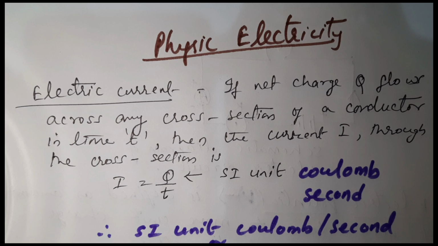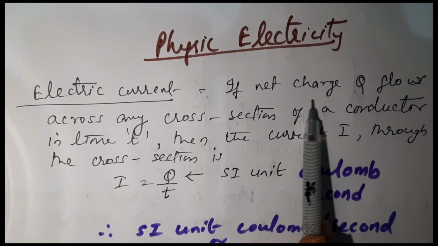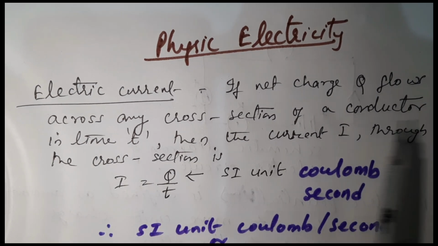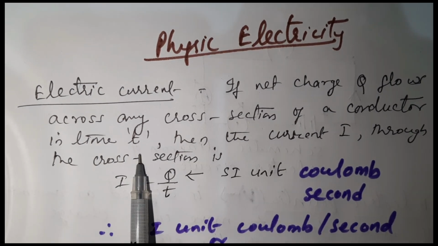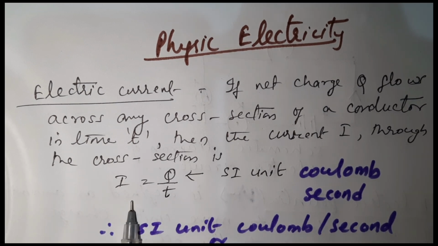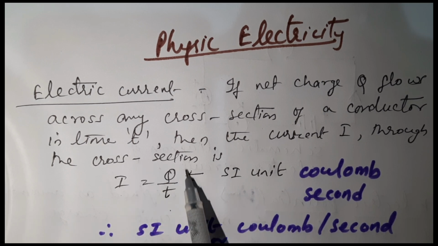The first topic of the chapter: what is electric current? This is a definition. If net charge Q flows across any cross section of a conductor in time t, then the current I through the cross section is I equals Q upon T. So I is Q divided by T, where Q is the charge and T is the time.